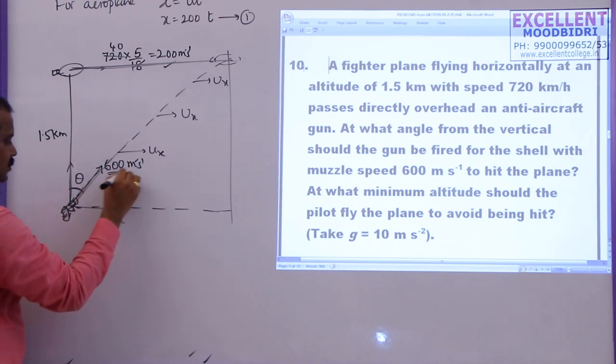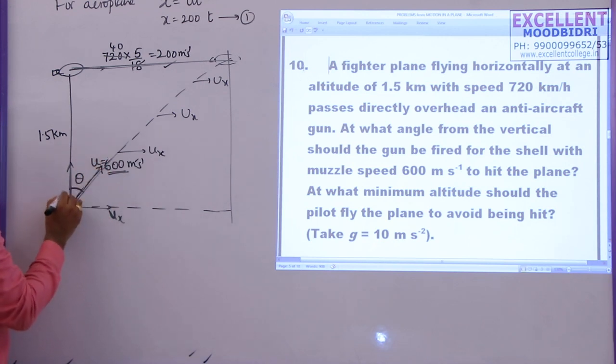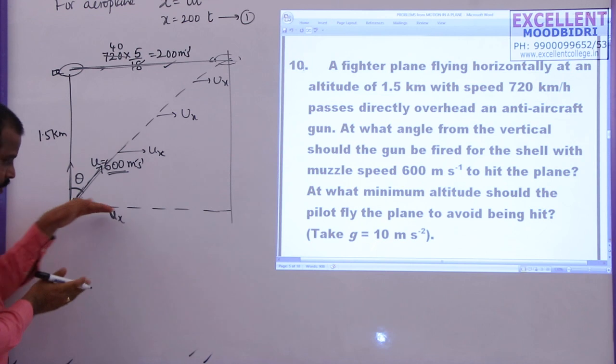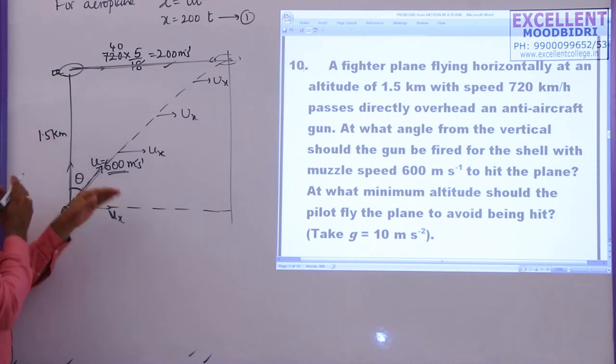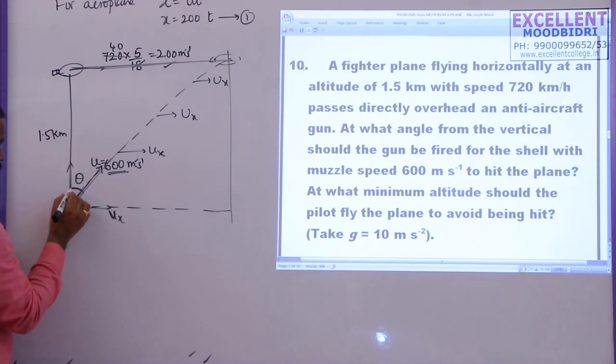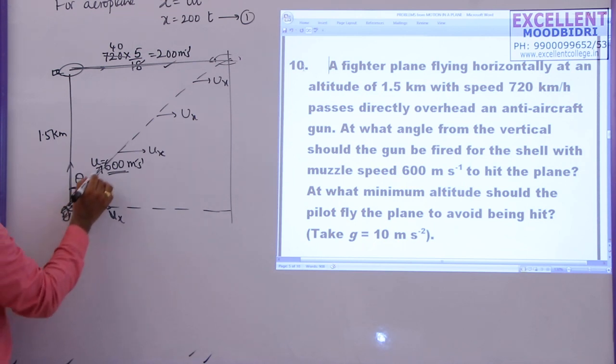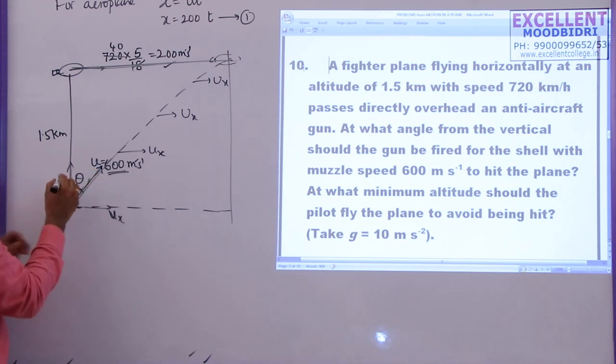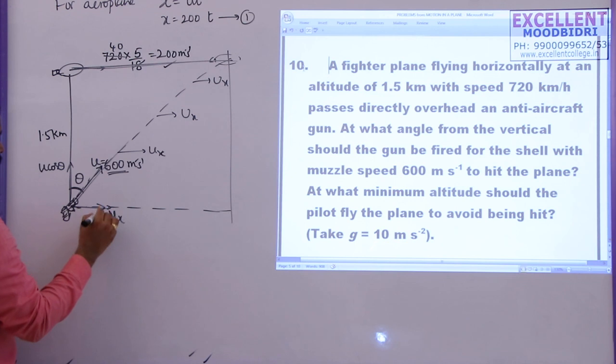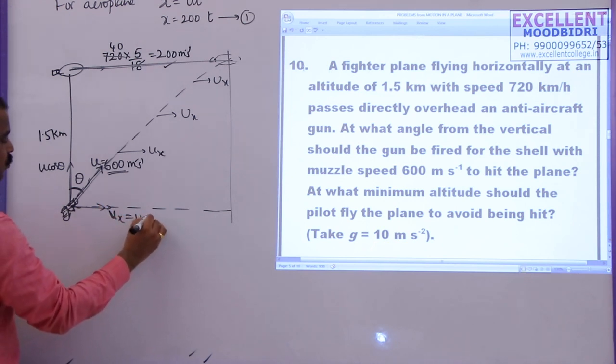Remember, if this is taken as u, and theta is given here, then generally this will be u cos theta, this is u sin theta. But in this particular problem, theta is the angle made by the velocity with the vertical, not with the horizontal. In theory class, I explained by taking theta here. So if it is u, this is u cos theta, u sin theta. Now, if theta is given here, this u sin theta will become u cos theta, and the horizontal component will become u sin theta.